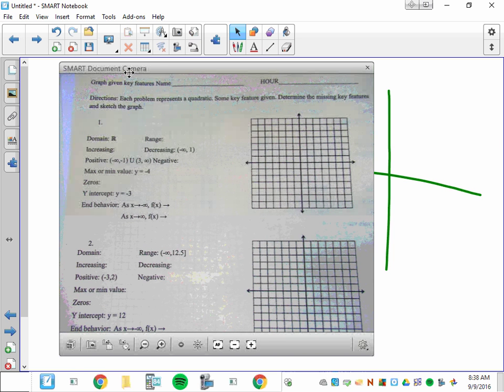Okay? So, given that information, what else can you tell me about that quadratic? Do we know what type of quadratic it is? Does it open up or does it open down? Is it a happy quadratic or is it a frowny quadratic?